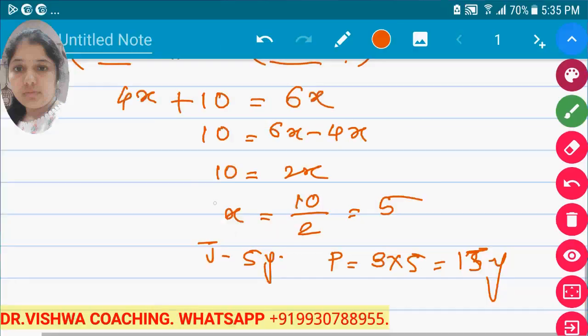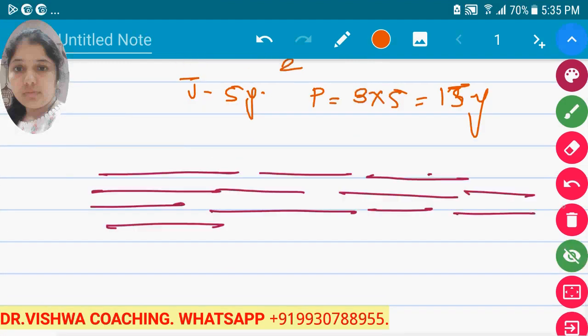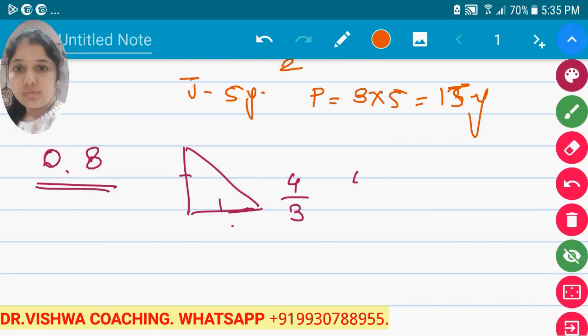Now see, we will understand the question first. Now see question number 8. A right angle triangle is given, and the ratio of the two smaller sides of the right angle triangle is given to us, which is 4:3. So the sides will be 4x and 3x.